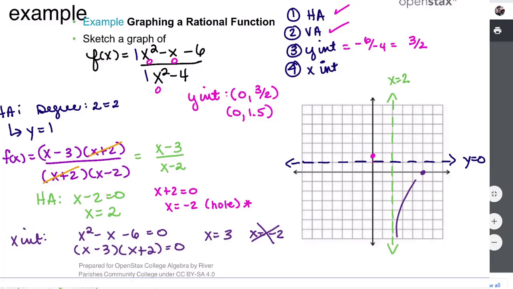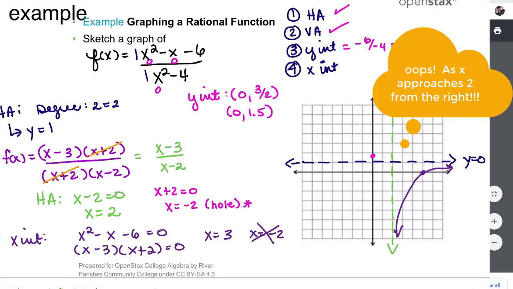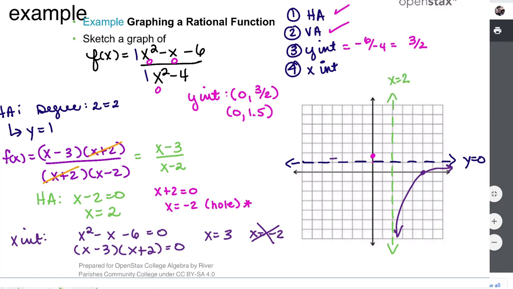Like this, where it's going to approach 0. As x approaches infinity, f of x approaches 0. As x approaches 2 from the left, I'm sorry, f of x is approaching negative infinity, and then you have the same thing as x is approaching 2 from the right, y is approaching infinity. As x is approaching negative infinity, f of x is approaching 0.